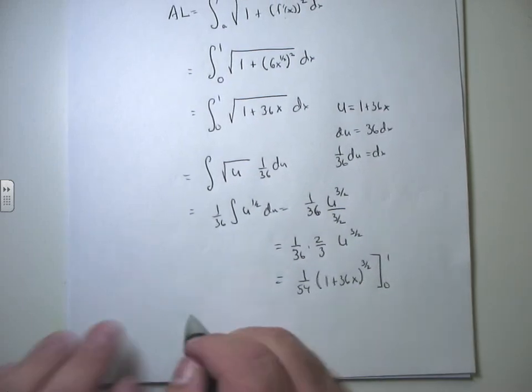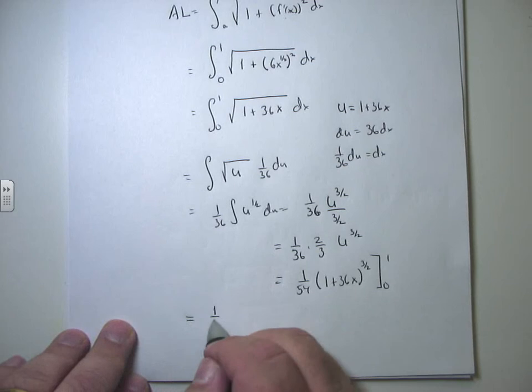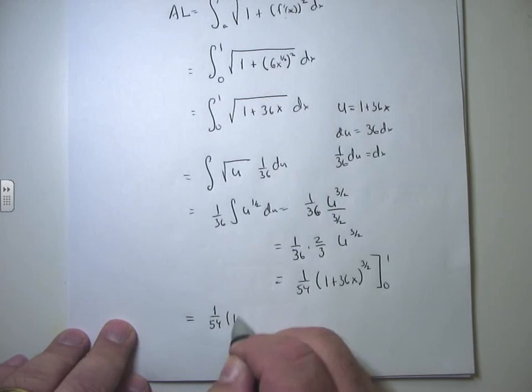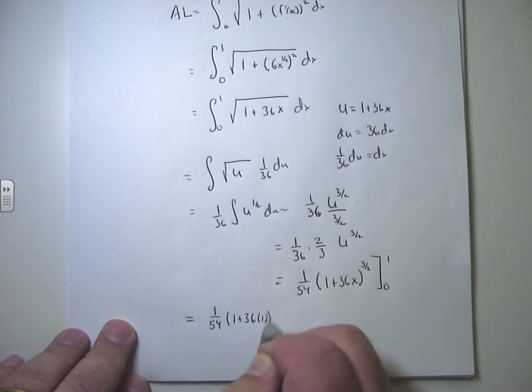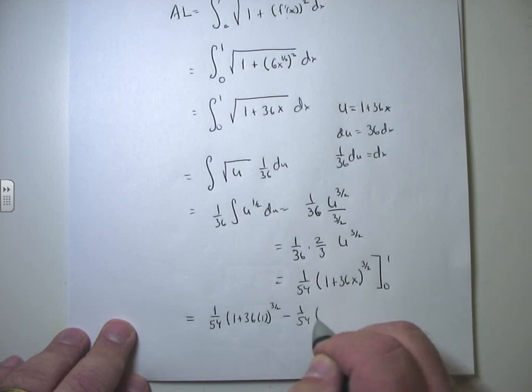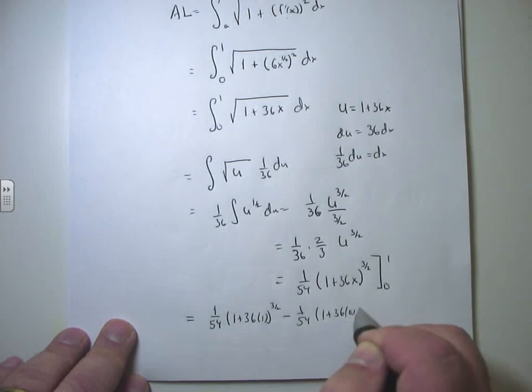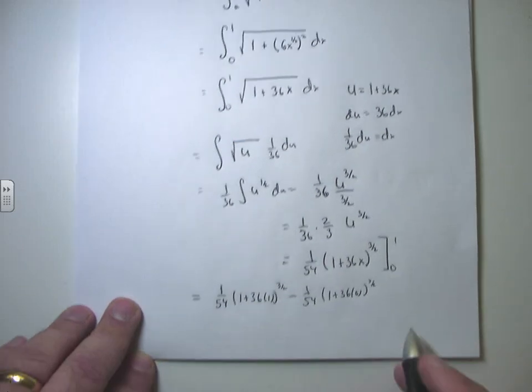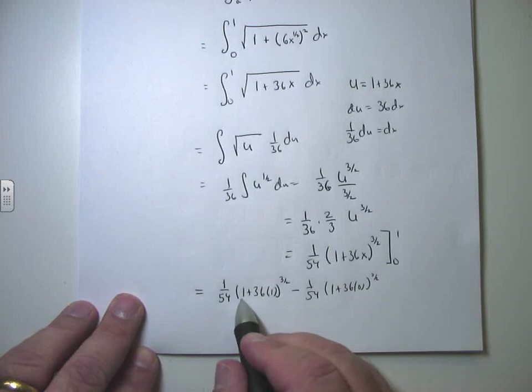So fundamental theorem of calculus, I plug in top minus plug in bottom. 1 over 54 times (1 plus 36 times 1) to the 3/2 minus 1 over 54 times (1 plus 36 times 0) to the 3/2. 36 times 1 is 36 plus 1 is 37.